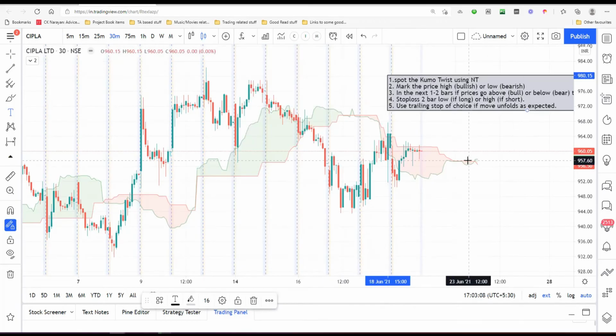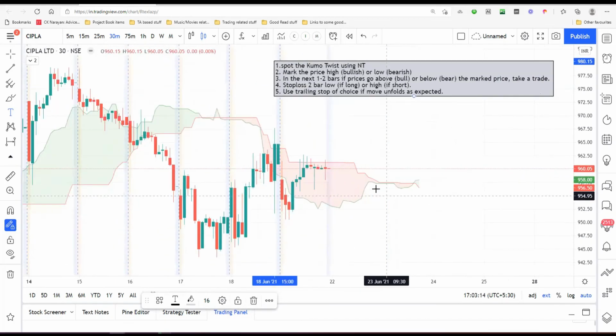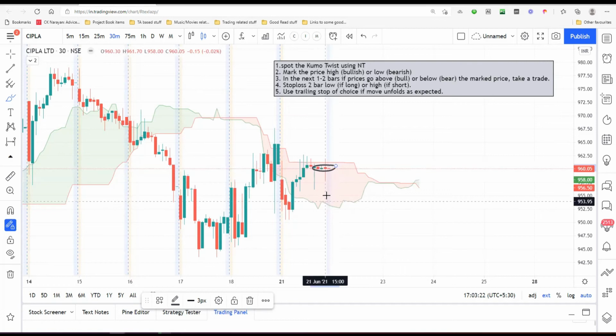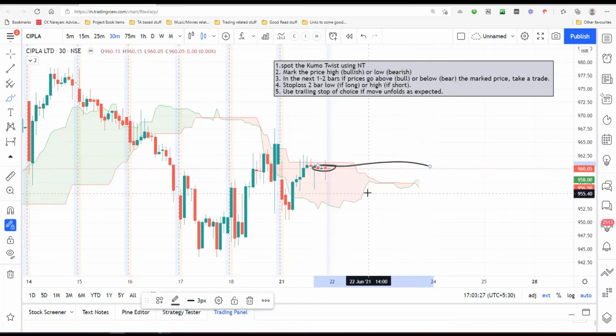So now, if you come to Cipla, let me zoom this up a little. There seems to be a small consolidation zone. So let us set the buy signal above the consolidation zone. This is a bullish Kumo twist, so we want to look for prices tomorrow trading above this. If prices start trading above, what is this level?